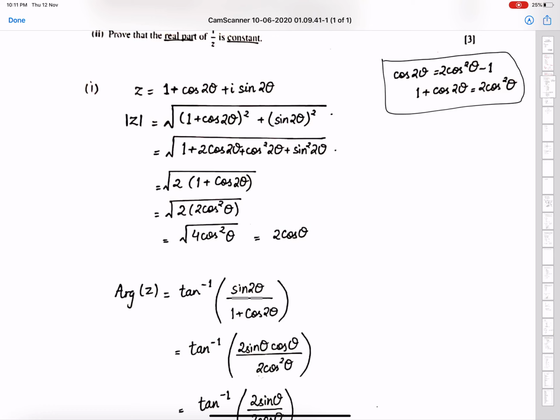So z is 1 plus cos 2 theta plus i sin 2 theta. This is given. Therefore, for modulus, we need to square this and this. Now we need to expand the first bracket by means of (a plus b) whole square. We'll get this thing, and this is 1.